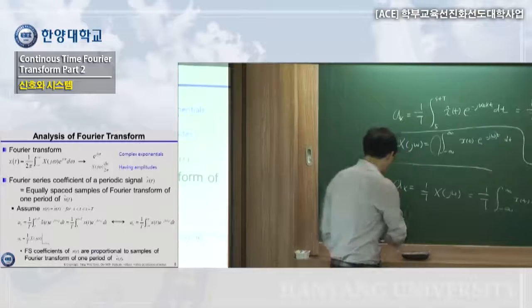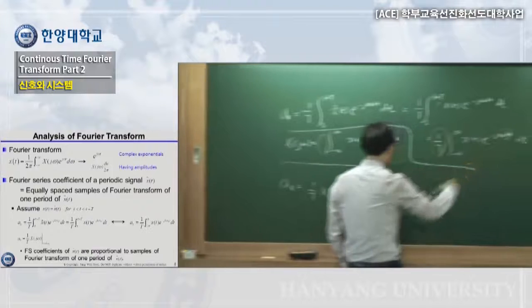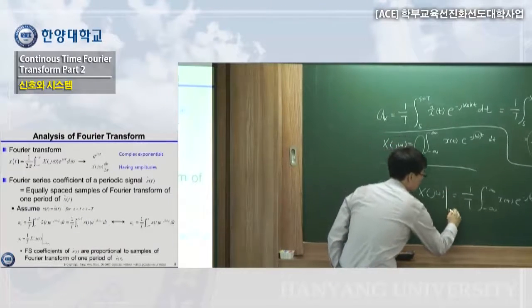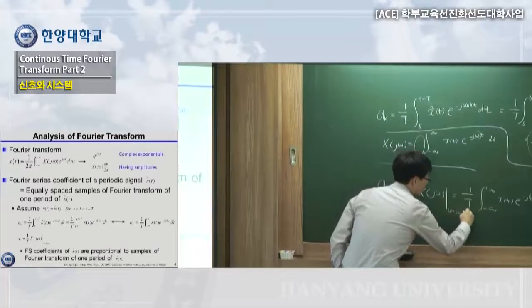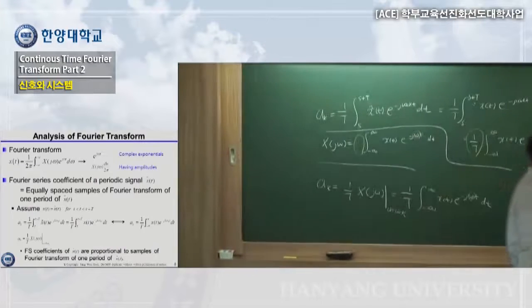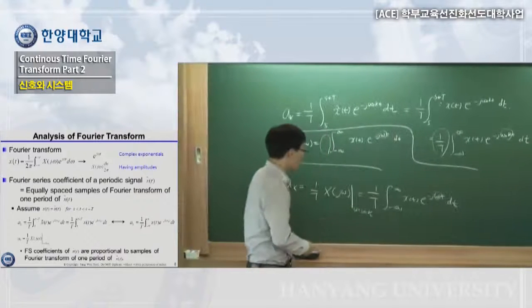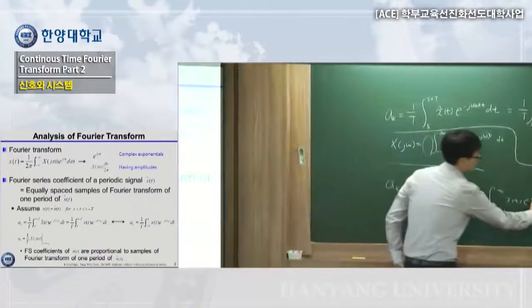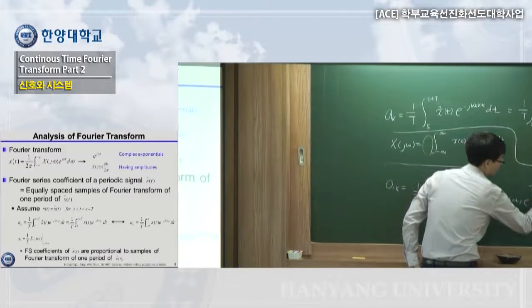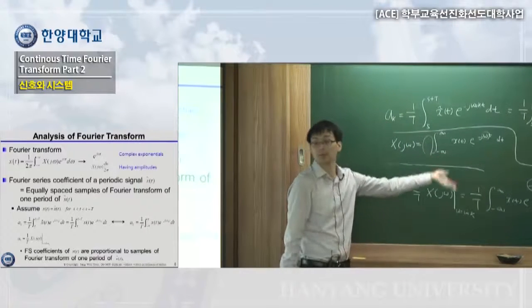It looks like this. Only the exponent differs. Just in case omega equals omega_0 k, then e^(-j omega t) changes to e^(-j omega_0 k t), which is the same form, right?